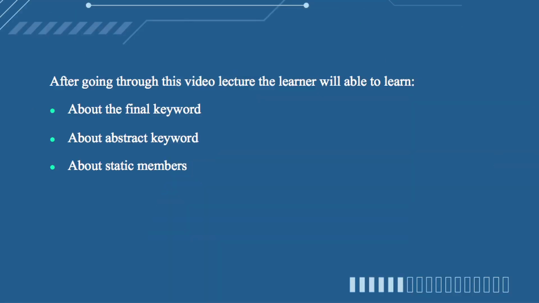After going through this video lecture, the learner will be able to learn about the final keyword, the abstract keyword, and the static members in Java. First of all, we will learn what the final keyword actually is in Java.